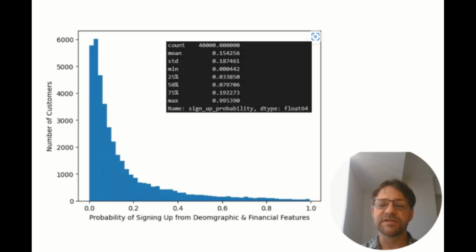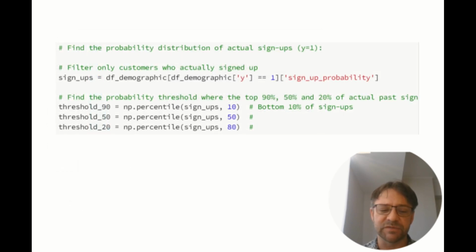Now we can use this probability feature that we created to create some targeted lists. To do this, I made a group of people that we know have already signed up, and then I got a threshold value for this feature.